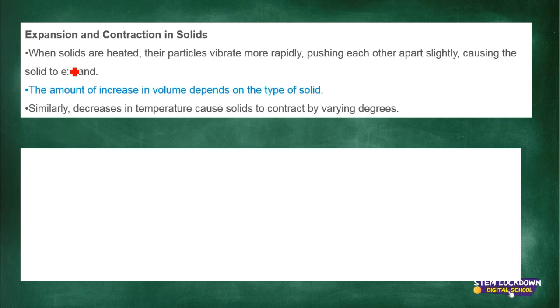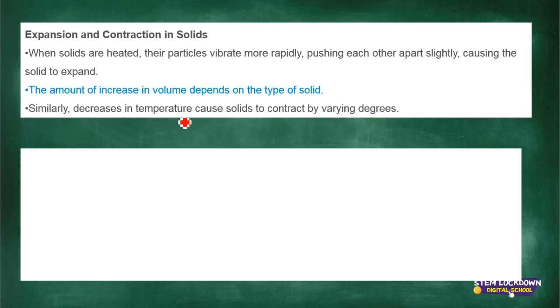When solids are heated, their particles vibrate rapidly. When the particles vibrate rapidly, they push each other slightly, and this causes the solid to expand. The amount of increase in volume depends on the type of solid.